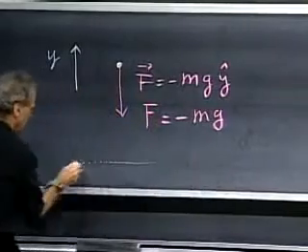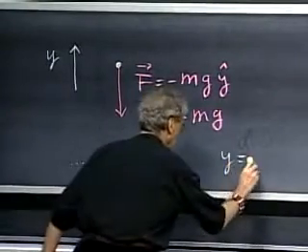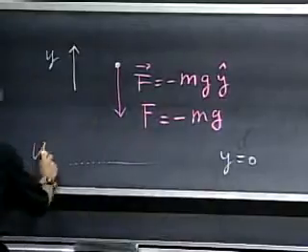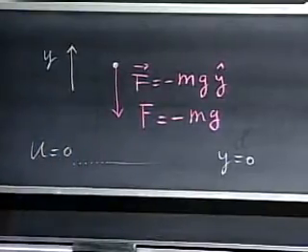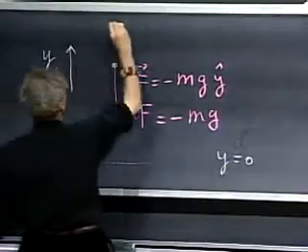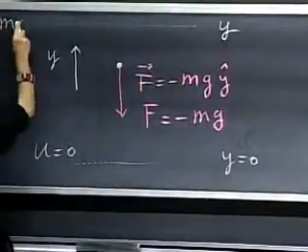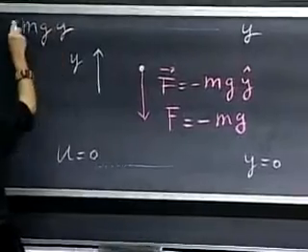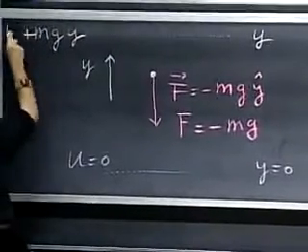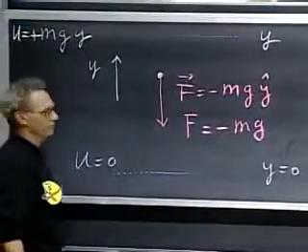If this level here is y equals 0, and I call this gravitational potential energy 0, and this is y, then the gravitational potential energy here equals plus mgy. This is u.